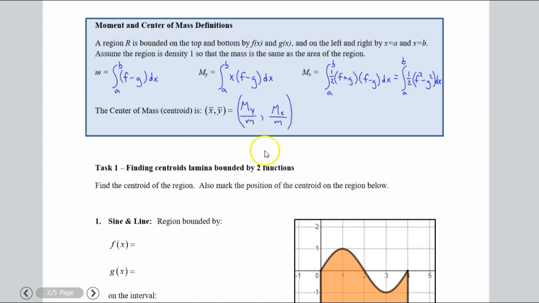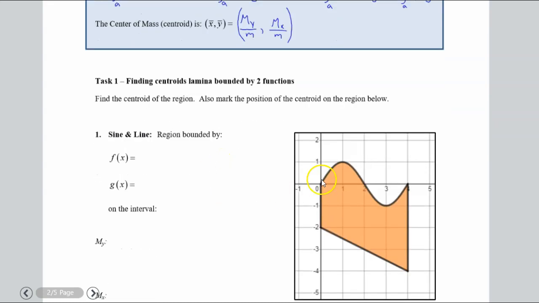Alright, we're going to go through some examples in this video, but the main one I wanted to start with was this basic sine and line right here. You should have your own lamina shape in your kit, an orange piece like this that you can take a look at.